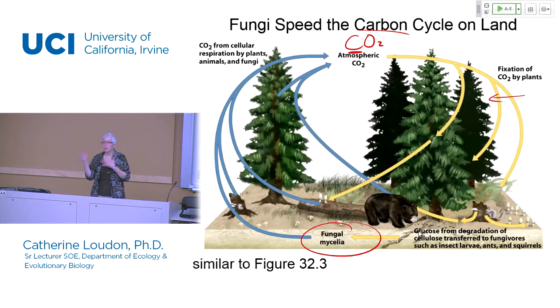Ultimately, of course, when the glucose is burned up by the organism, then what happens? This releases the carbon again back into CO2. So that's the cycle. So they're very significant in terms of returning some of the carbon from being locked up in plant material back into atmospheric carbon.